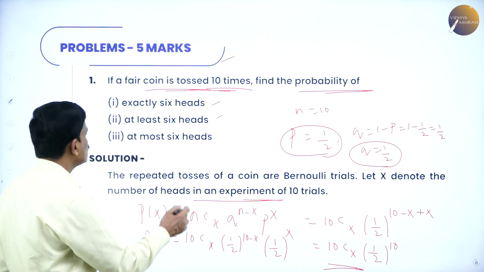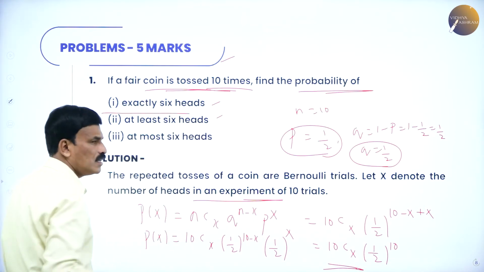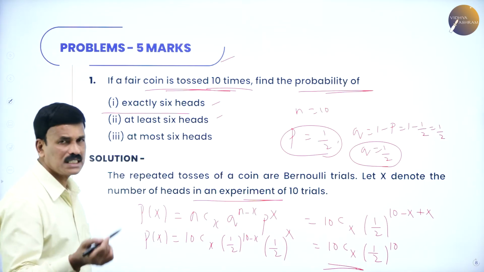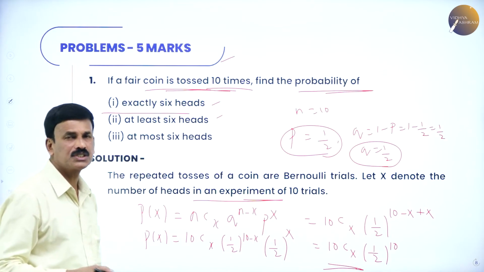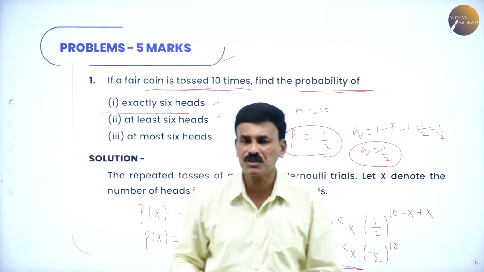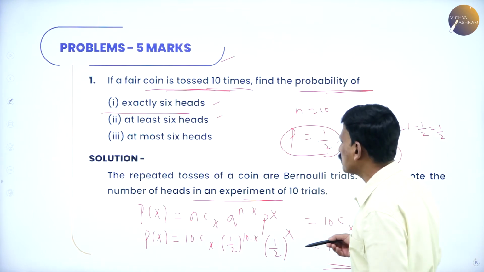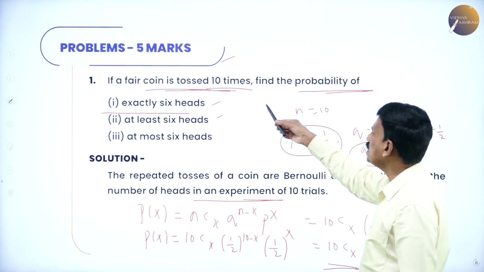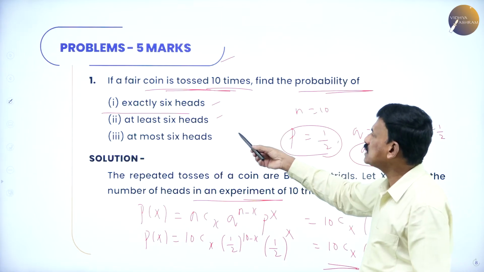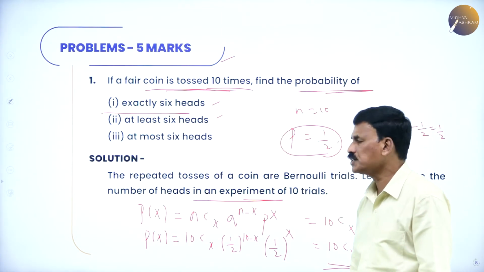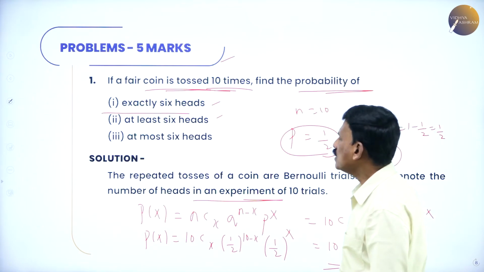Now, using this, just substitute the values of x for exactly 6, at least 6 and at most 6 heads. Here 3 cases are given. Listen to me, I will explain once again. A fair coin is tossed 10 times; find the probability of exactly 6 heads, at least 6 heads or at most 6 heads.